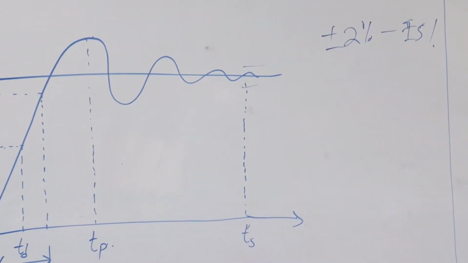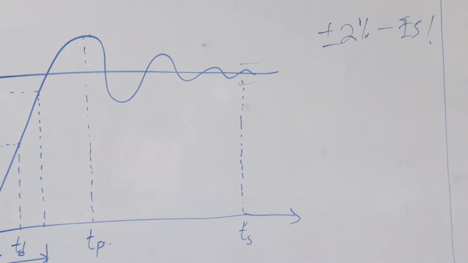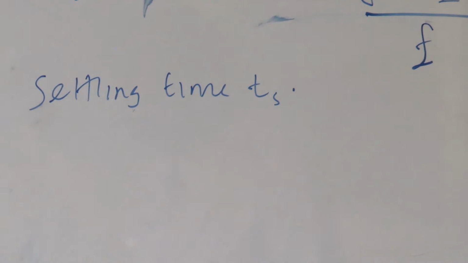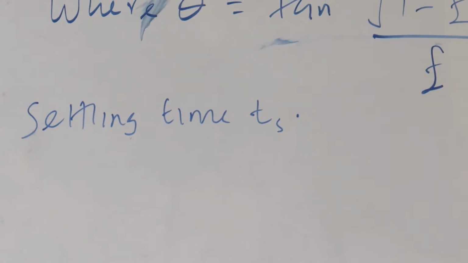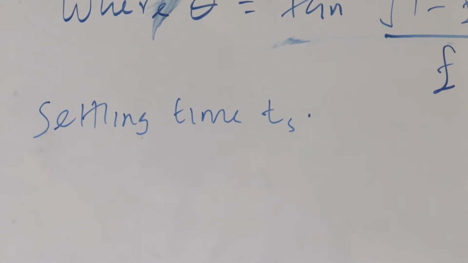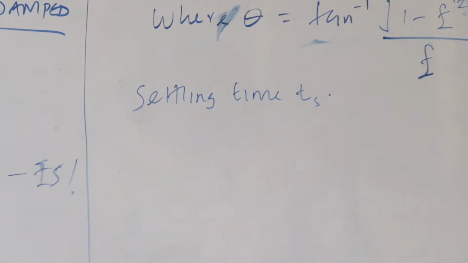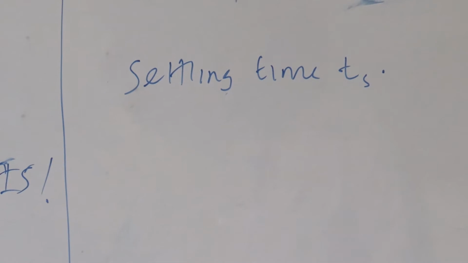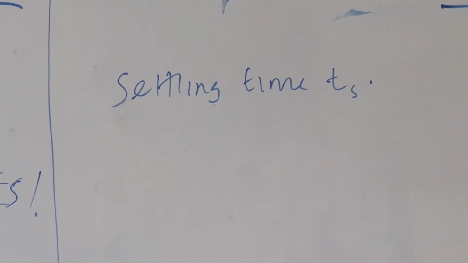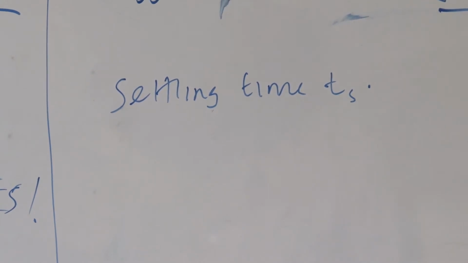So we are simply saying that the settling time is the time required for the response to reach and remain within a specified percentage of the final value. Or you can say that it is within a specified tolerance band, usually between plus or minus 2% to plus or minus 5%.